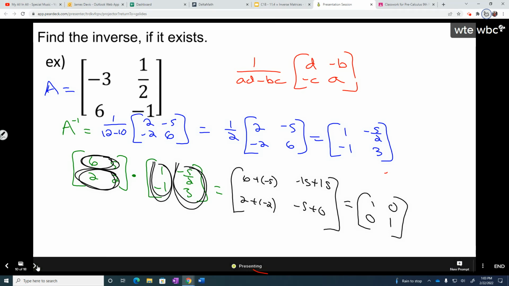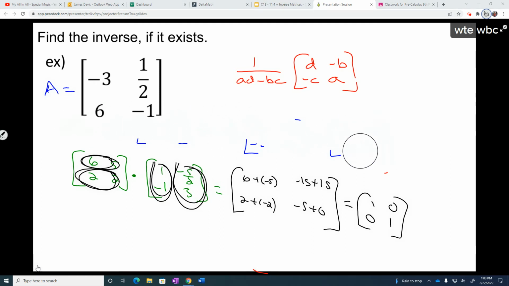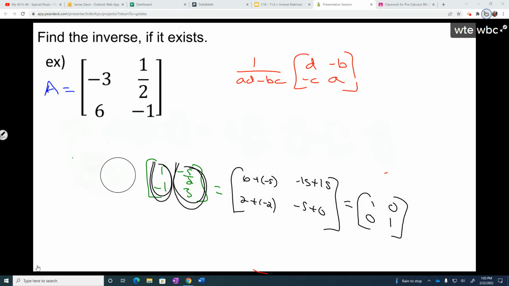One more illustration here. We're not going to end up solving this whole thing real clear. When you try to solve this one, you would start with A inverse equals 1 over, and then it's going to be 3, right, when you multiply, minus 6 times a half, which is 3.